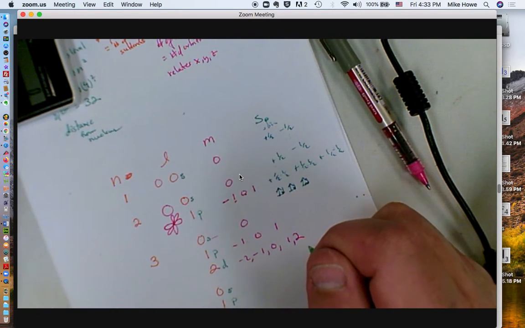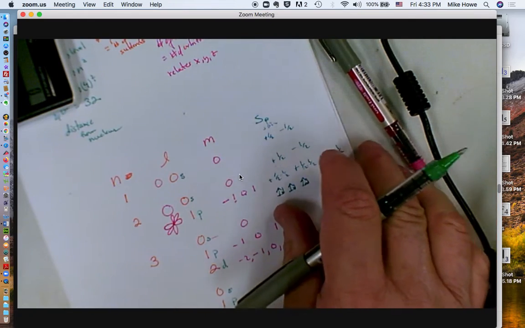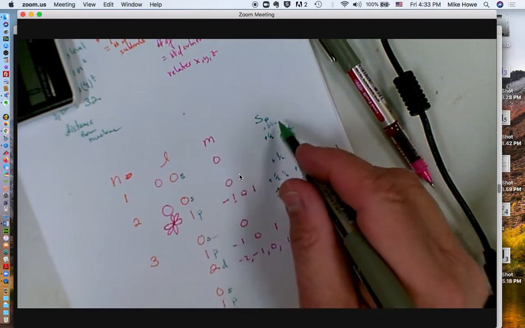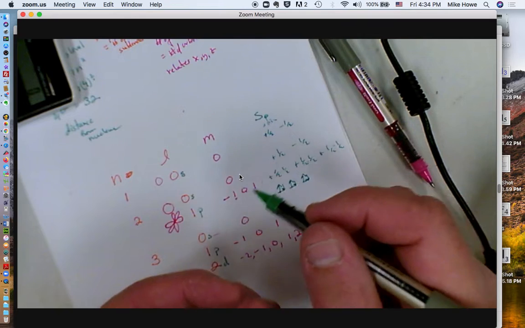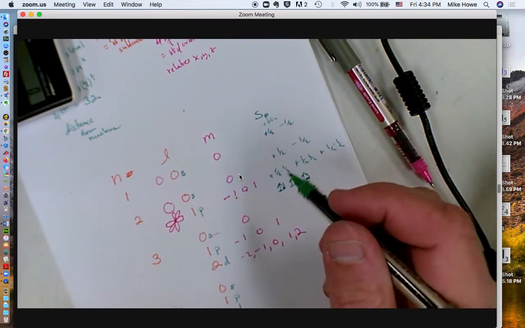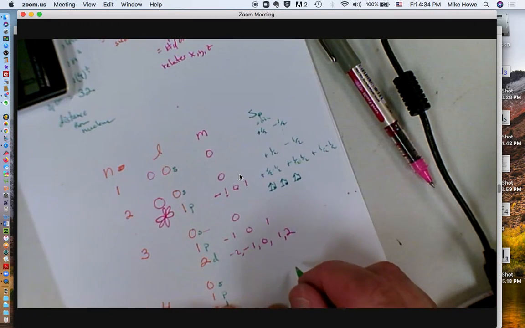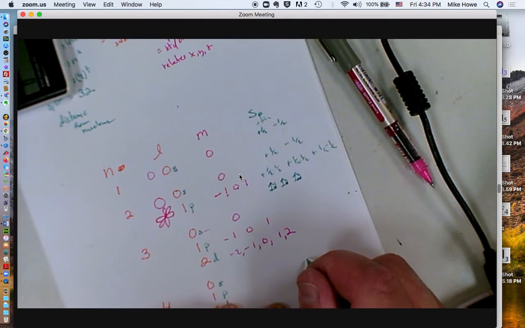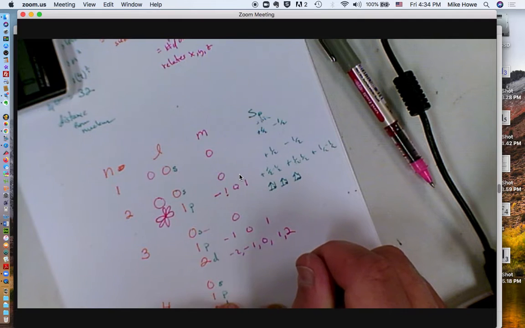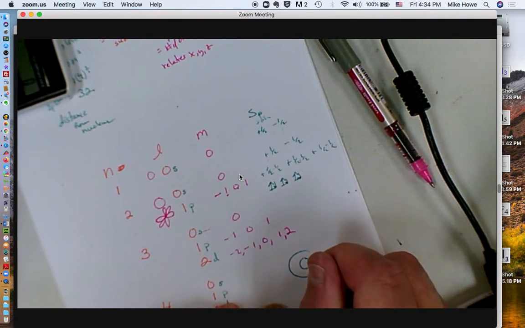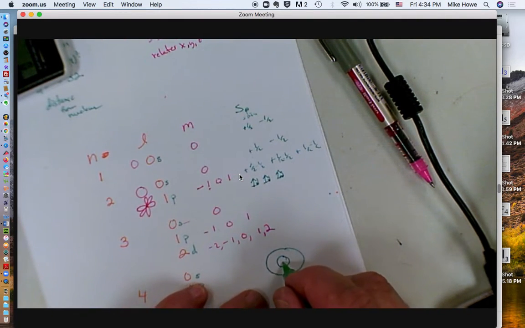All right. It's kind of interesting that you can use 4 quantum numbers to describe any single electron in an atom. So maybe I'll just show you that real quick. Suppose we're looking at an oxygen atom. So an oxygen atom would have the 1s sublevel, then the 2s sublevel, and then the 2p sublevel.